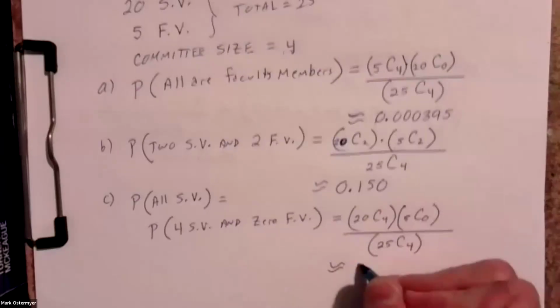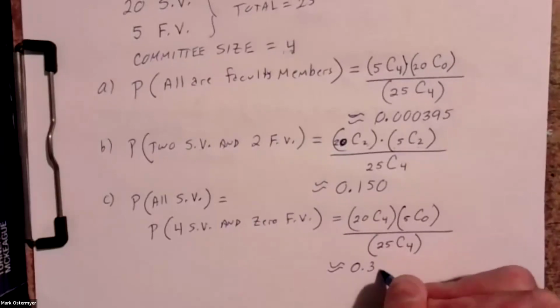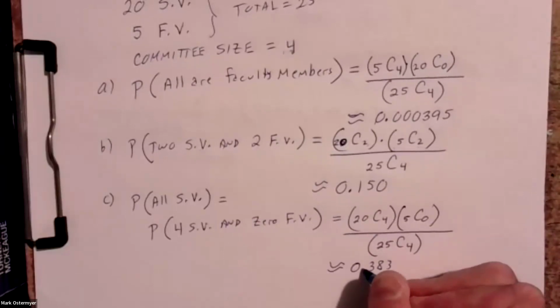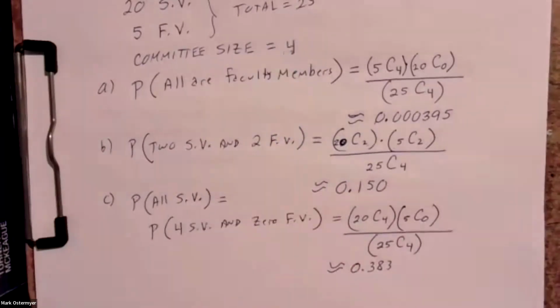Nice job. Yeah, that's what I got. About a 38% chance that if I randomly select 4 of these 25 members, that my committee will consist of all student volunteers. That's correct.